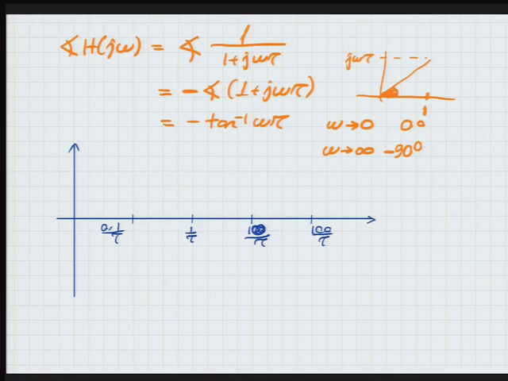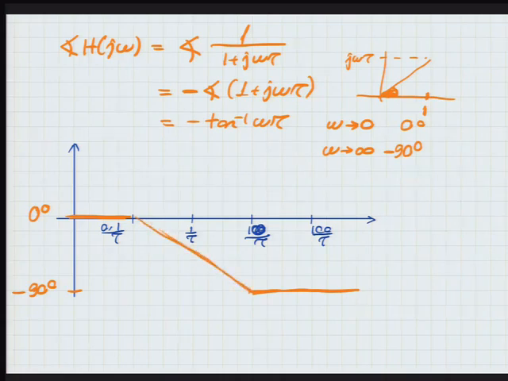Up until a decade before the cutoff frequency, which is 1 over tau, that is up until 0.1 over tau, we take it to be 0 degrees. Once we've passed a decade from 1 over tau, we approximate it as a straight line at negative 90 degrees. And in between, we draw a straight line.